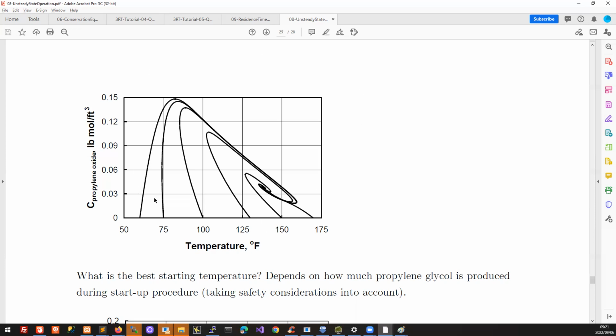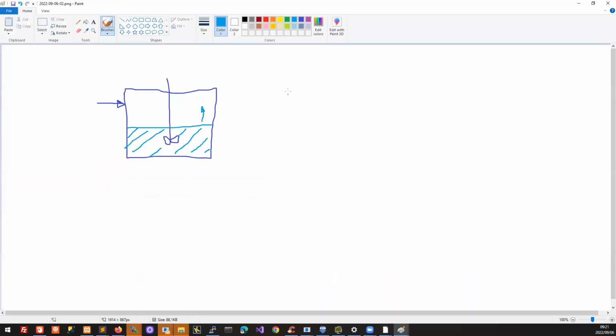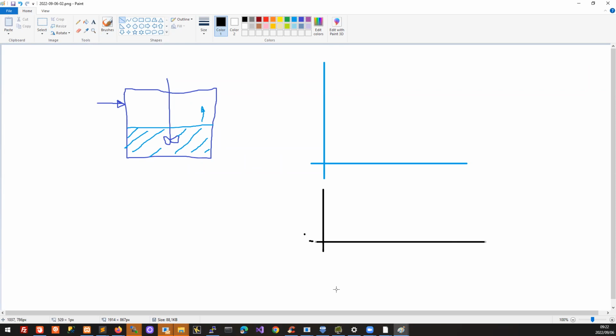So this is what we call, let me just sketch something here. This is a phase plot, and we construct a phase plot by taking the state variables. So with time, let's say we have the concentration, and let's say we have the temperature.